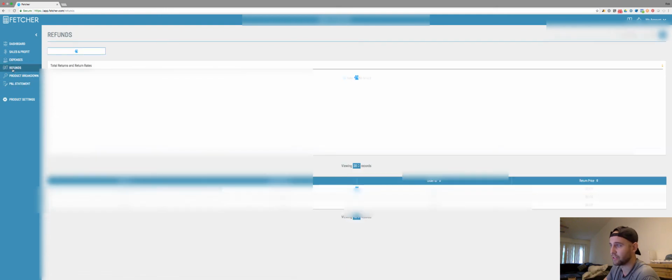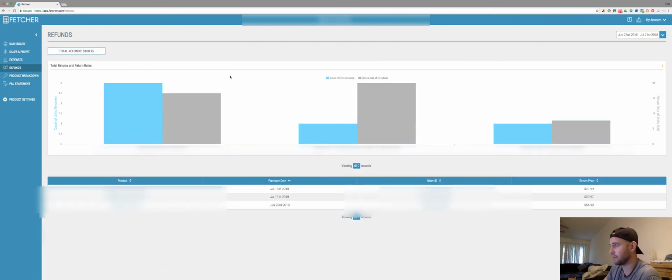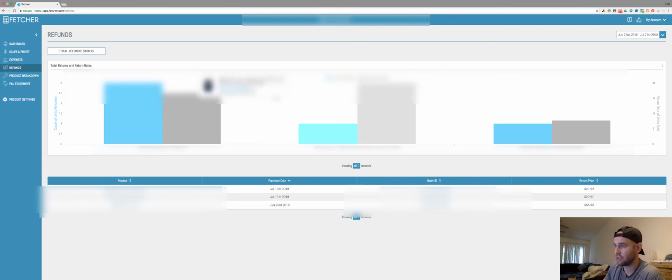There's a tab where you can see your refunds, right? And this is very important because some products might be very profitable, but they're really crappy products, so you have refunds, right? And if a product has a refund rate of 20% and higher, depending on the amount that you have sold, I would consider not holding that product ever again.